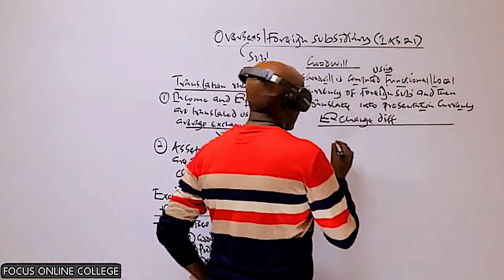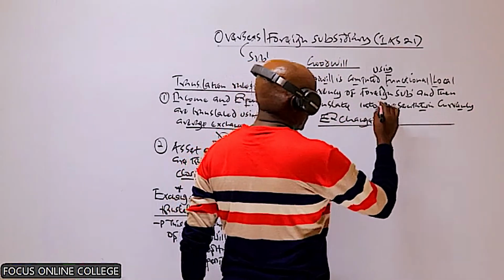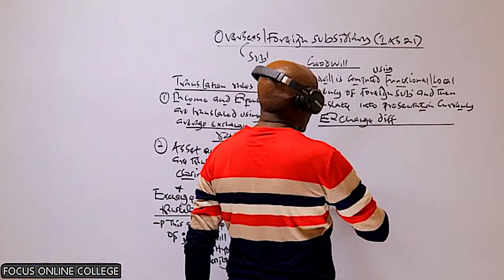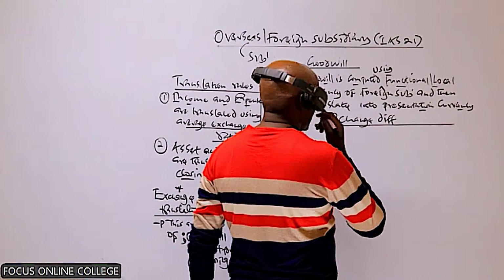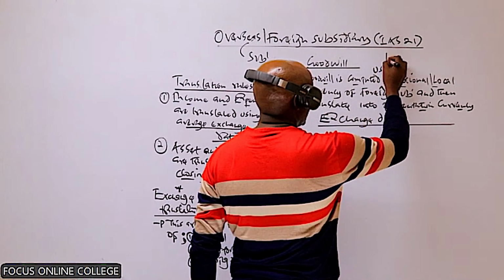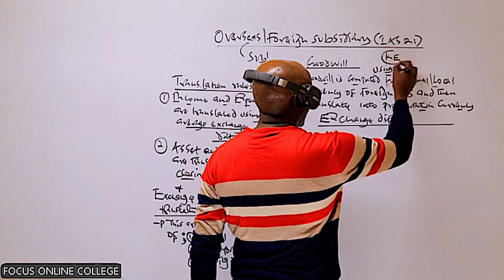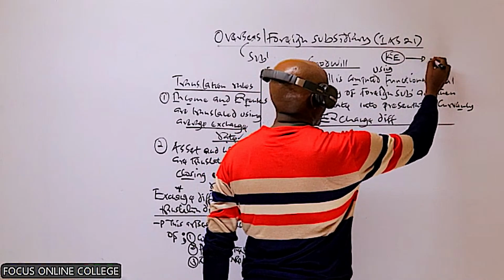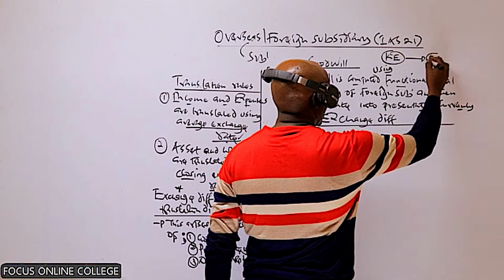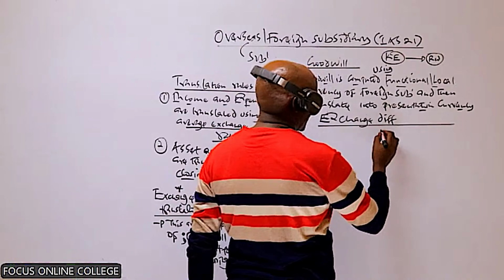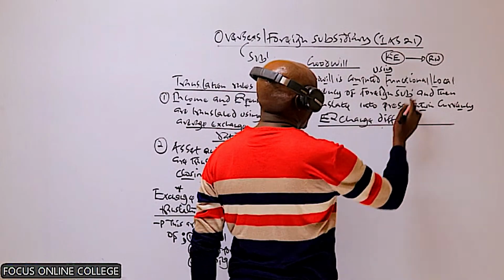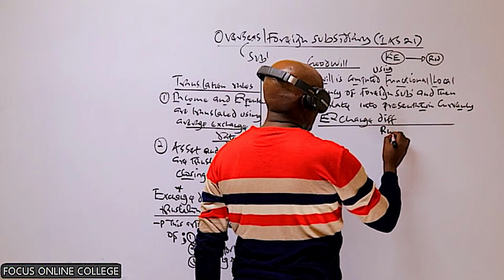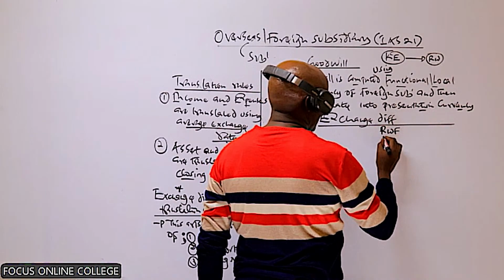For us to look at how we determine this, we need a number of columns here. In this case, I will assume our parent company operates in Kenya, but the foreign subsidiary operates in Rwanda. So here we have the local currency of the foreign subsidiary, assuming it is Rwandan franc.